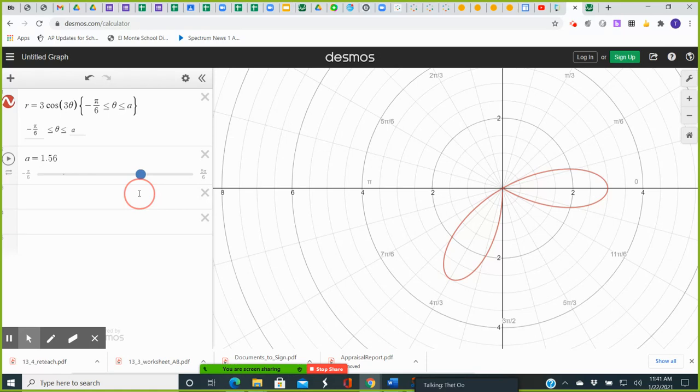So one other possibility for my limits of integration would be from pi over 6 to pi over 2.